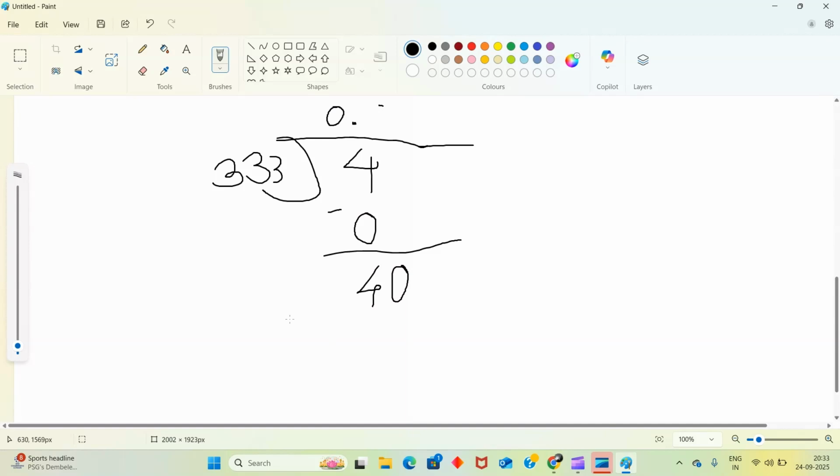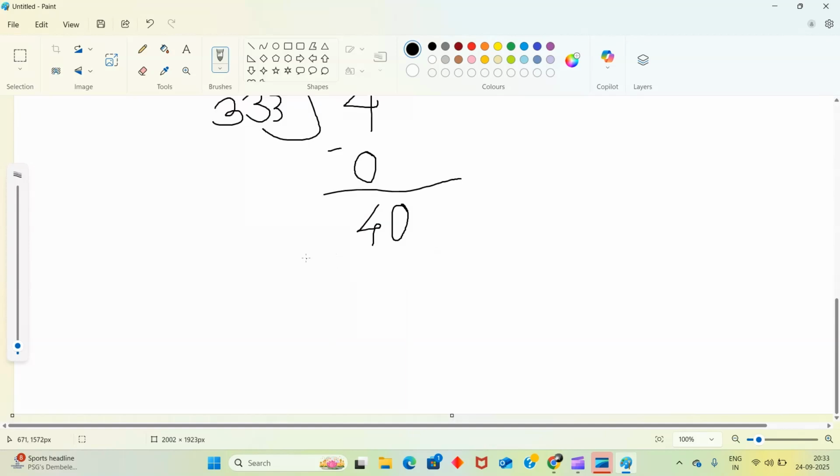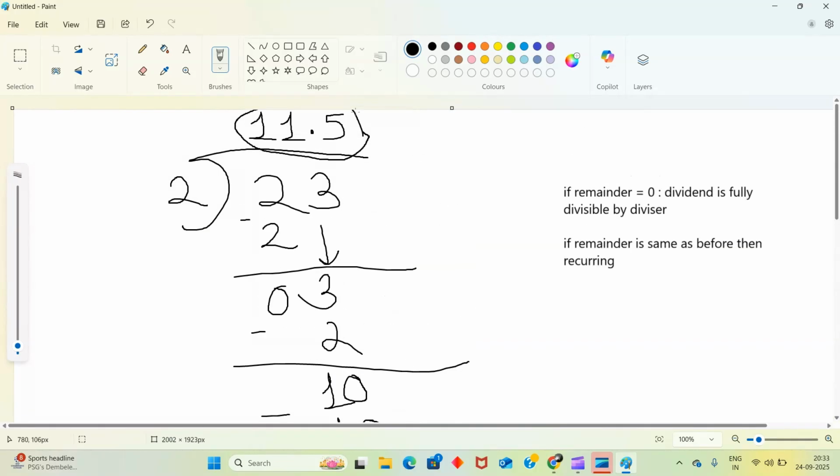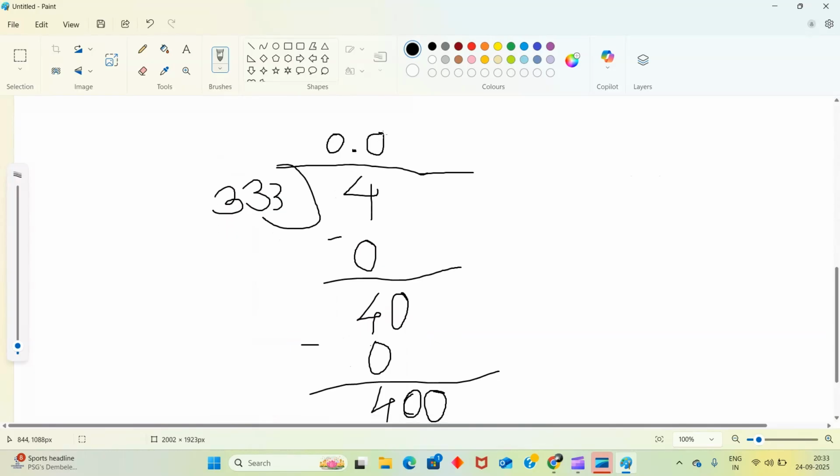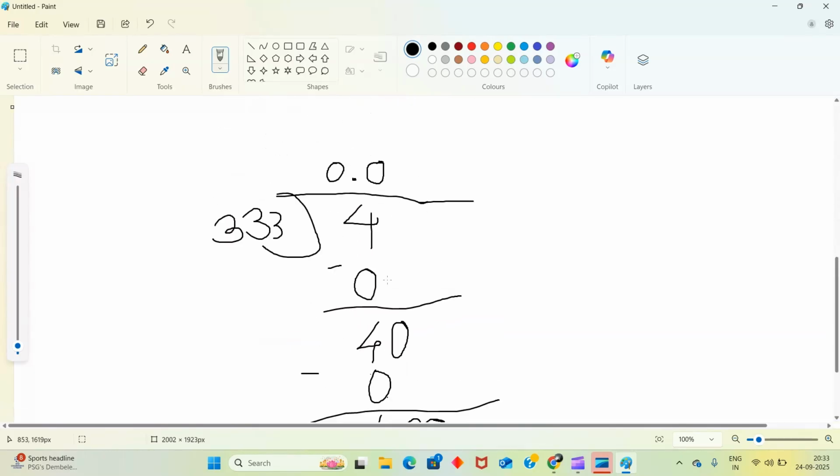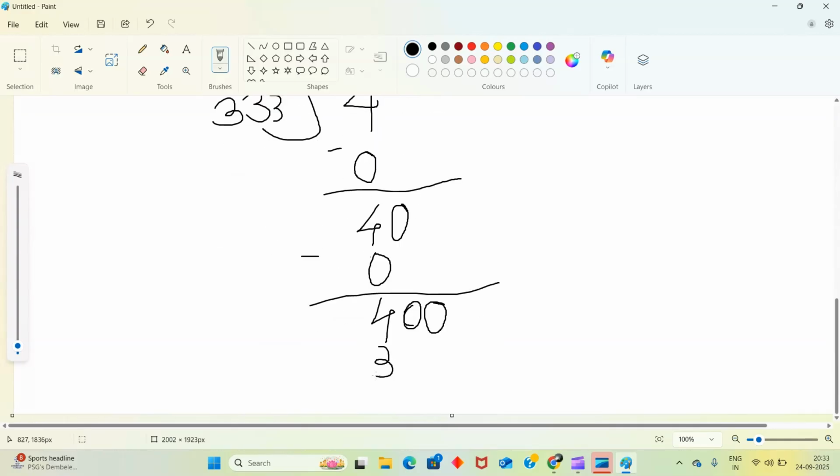Again this is not divisible, so 0, and 40. We add one more 0 here. Now 400 is divisible by 333.